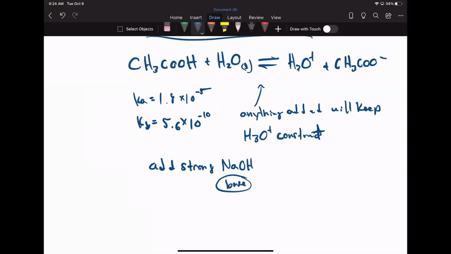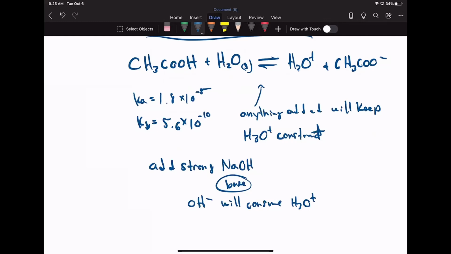We've talked about this before, and I know that it may be confusing, but if I put in some strong base, the hydroxide will consume H3O plus. If I start to consume this H3O plus, I have to be able to replenish it.